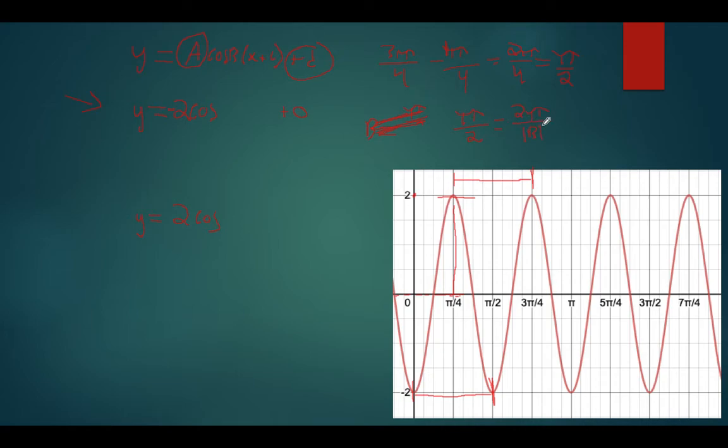So times B over here, so you got B equals, and then you divide by this guy. So it'd be 2 pi. So it's basically just a solve problem. You want to solve for this. So multiply this over here, and then divide by pi over 2 to both sides. Divided by pi over 2, which is same as multiplying by 2 over pi. So you get 2 times 2, which is 4. So your B value is going to be 4.